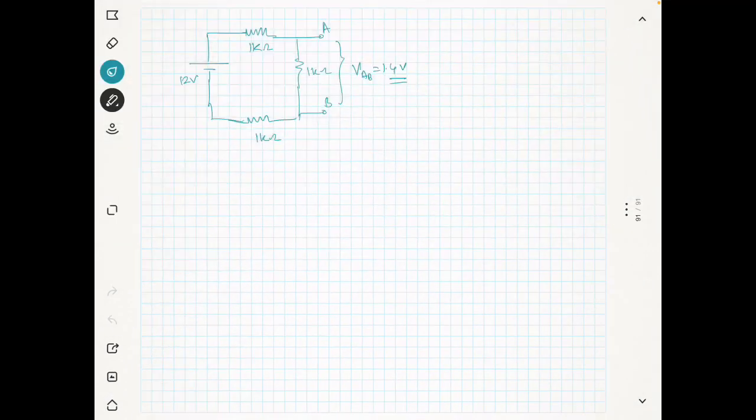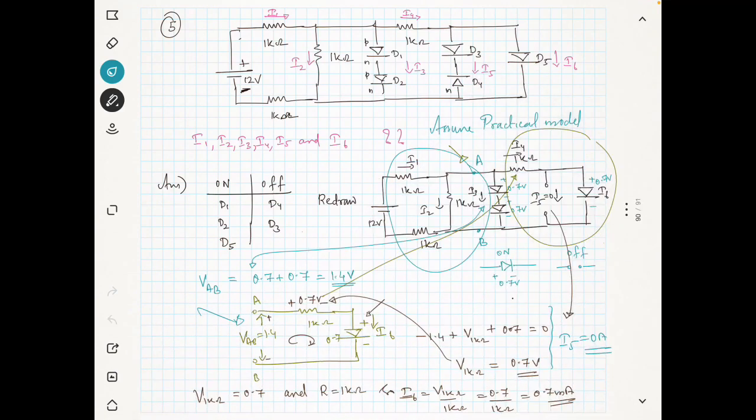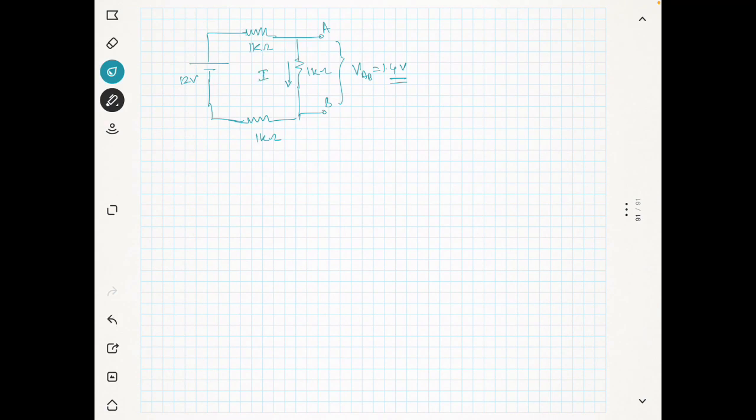Now VAB is 1.4, so you can find this current easily. It has been marked as I2. So I2 can be easily found by VAB divided by 1 kilo ohm.